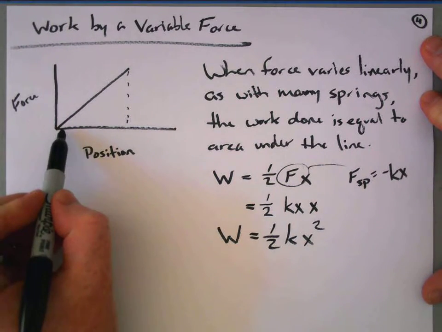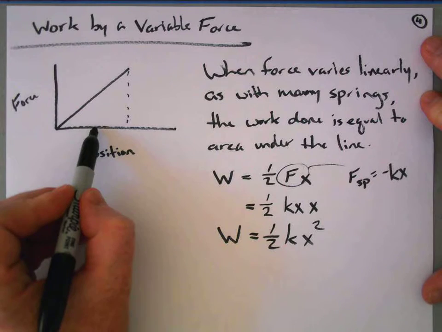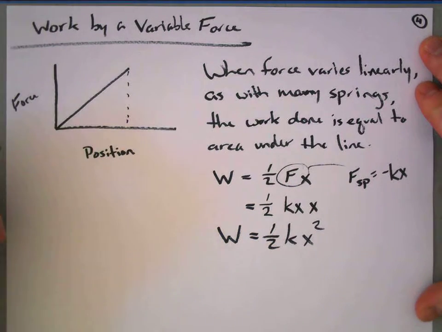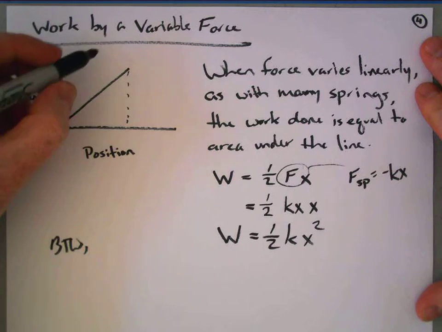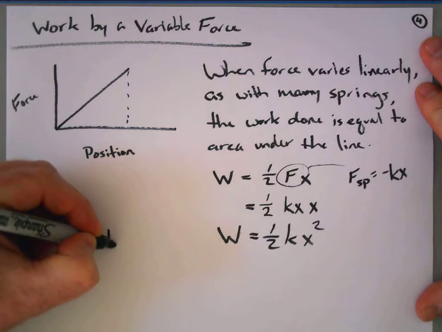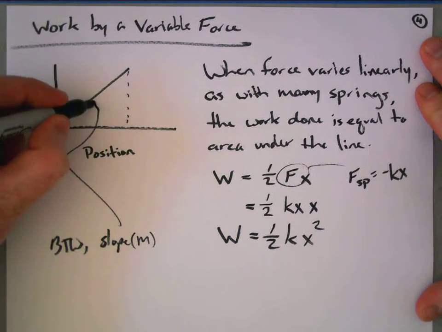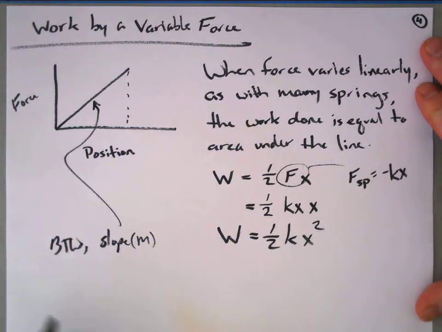And you can see that the force varies. The force would increase as the change of position increases here. Interesting thing going on that we see, by the way, how about the slope of that line?